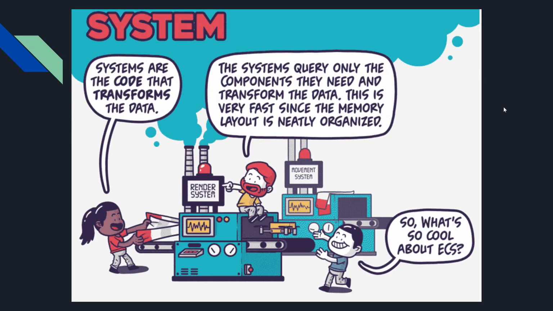Now, you have all of this data in chunks in your memory. What do you actually do with it? You have systems. Your systems are the actual functions that your data gets worked on by. So we'll have a movement system, a render system, a physics system, a network system, an input system, all that good stuff.